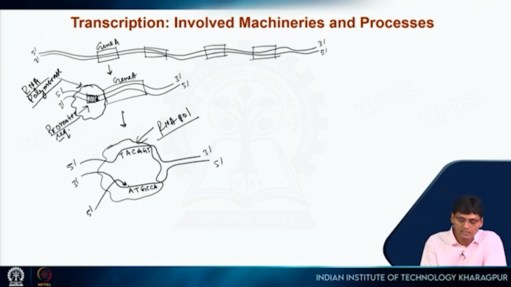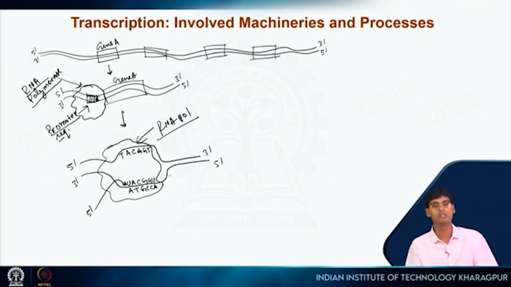So what will be the sequence in this RNA? Here, instead of A, T would come, but T is not present in RNA. RNA polymerase will not recruit T. Instead, it will have U in this RNA, and then A, C, G, G, U. In this way, this RNA will grow.